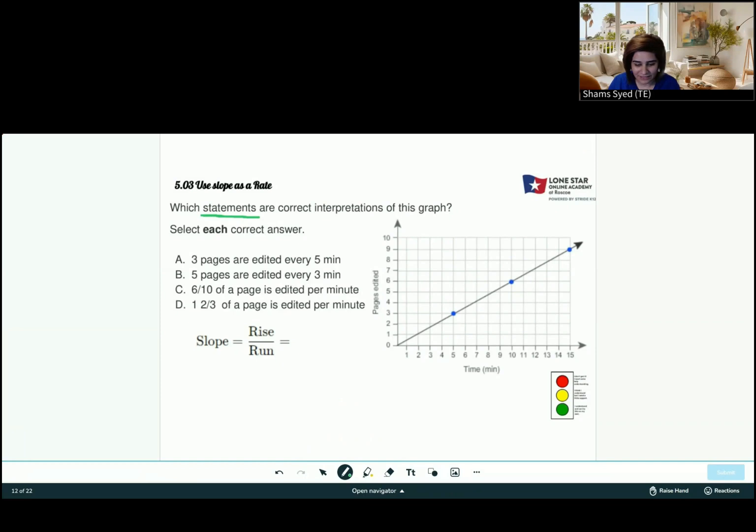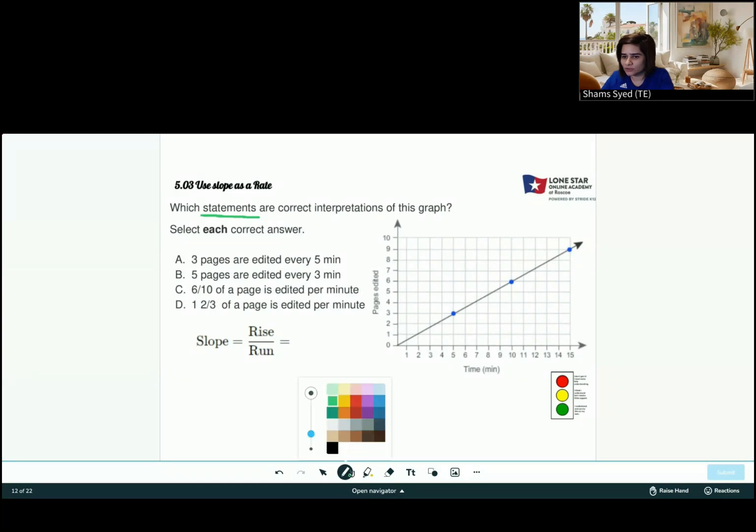Let's go ahead and look at this one. Answer choice A says 3 pages are edited every 5 minutes.